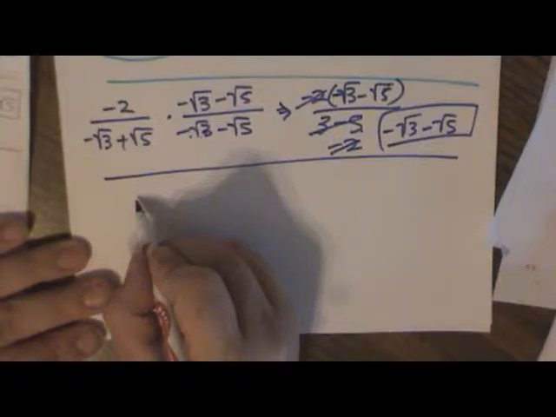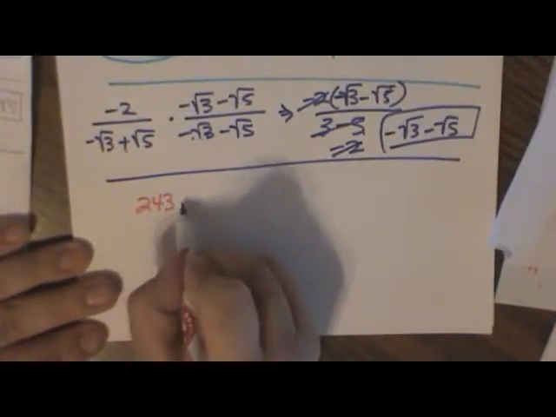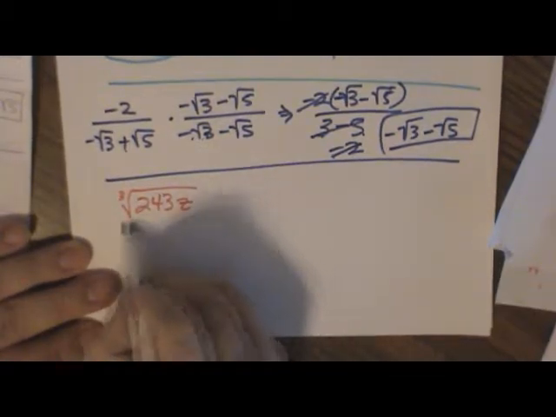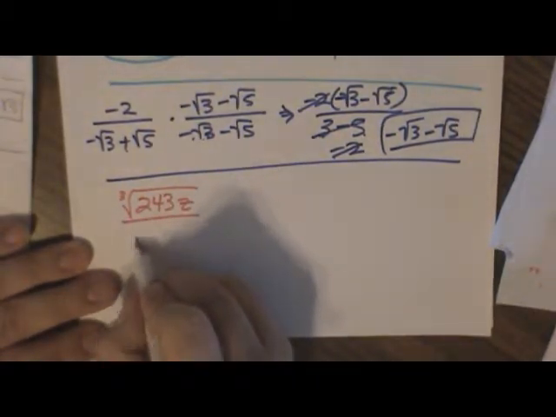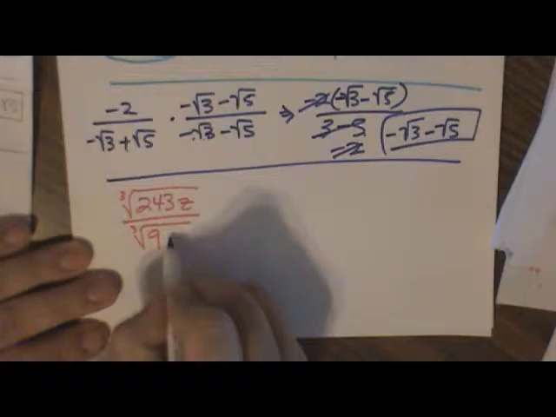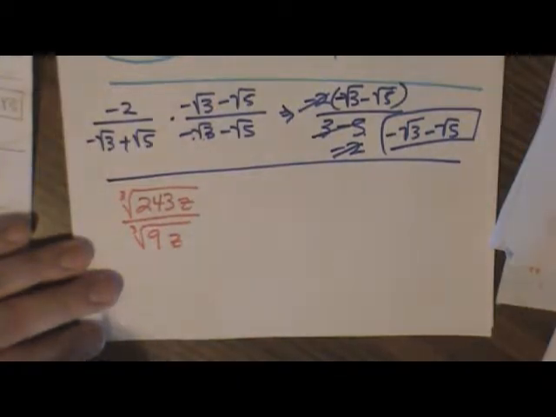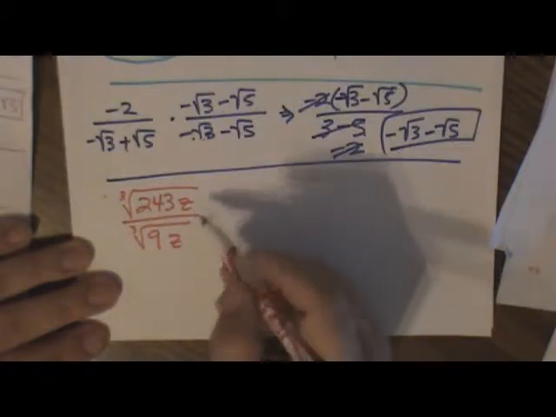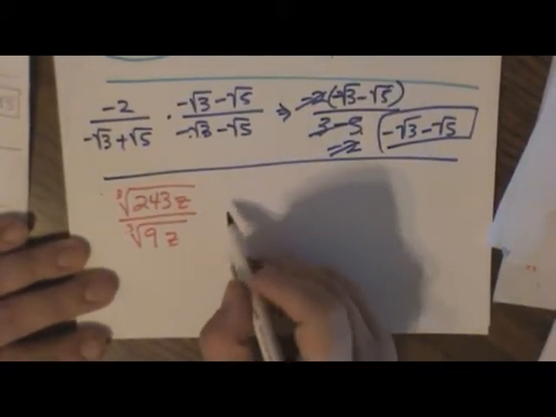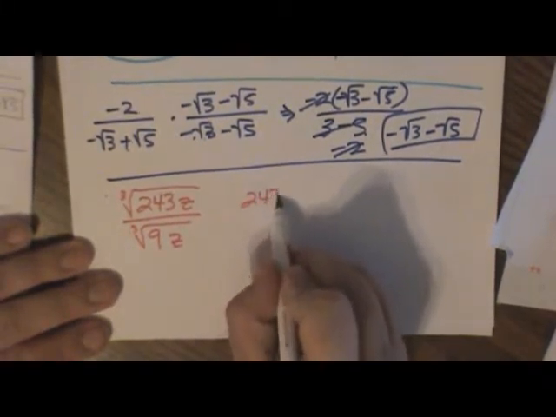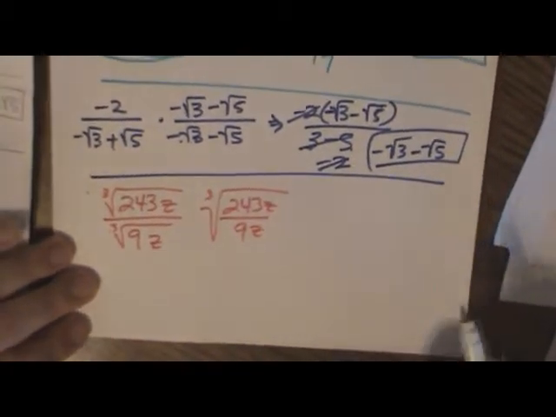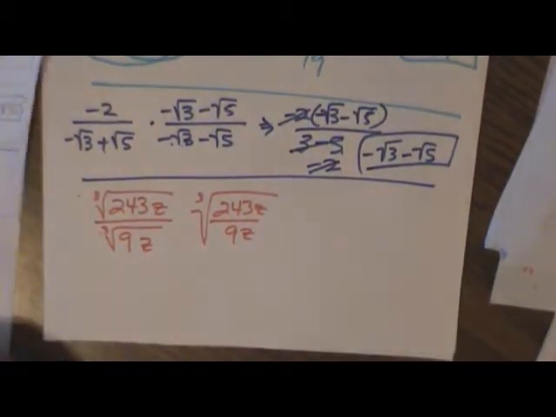Okay, here we have the cube root of 243z cubed over the cube root of 9c. Since we're looking at these and the indexes are the same, we could combine these into one fraction. And can we cancel?